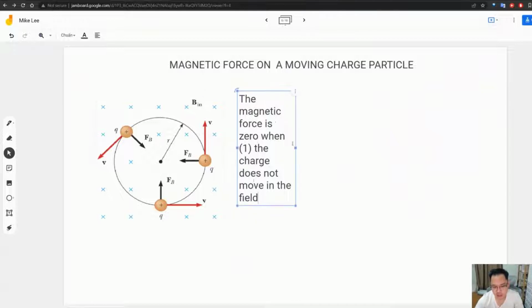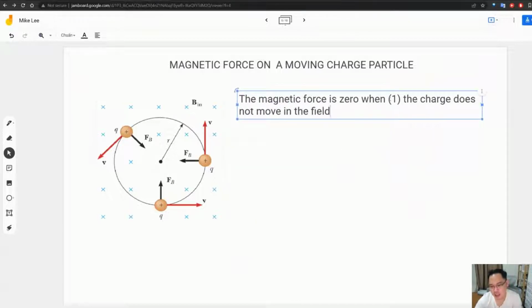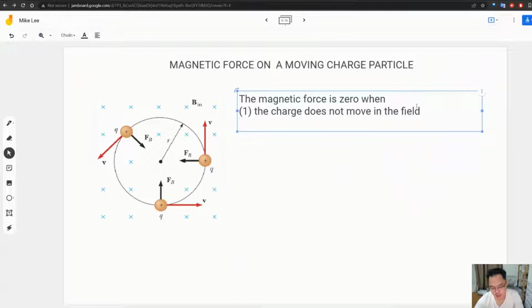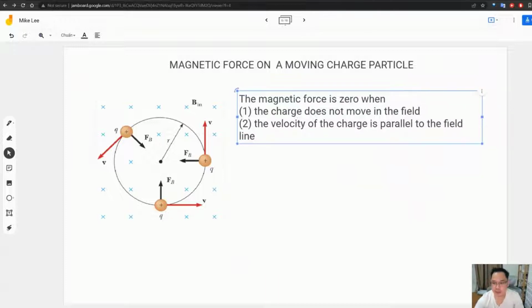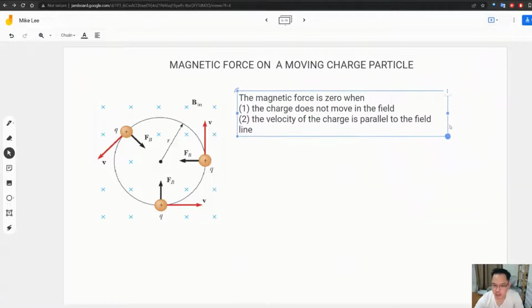The second case is that the charge moves parallel to the field lines, so the velocity of the charge is parallel to the field lines.